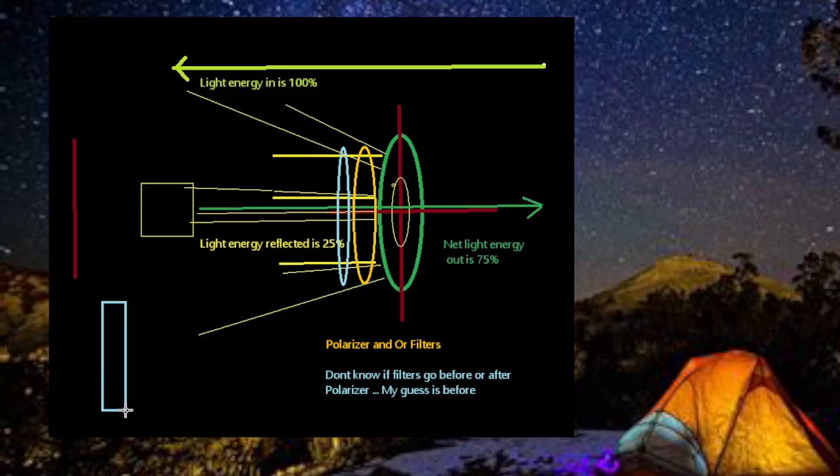I'm going to exaggerate the size, and then we've got orange, and then we've got green. Now the green one is a lens. So let's make that, we have to make that a circle.